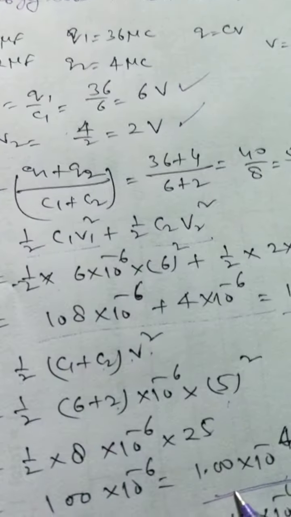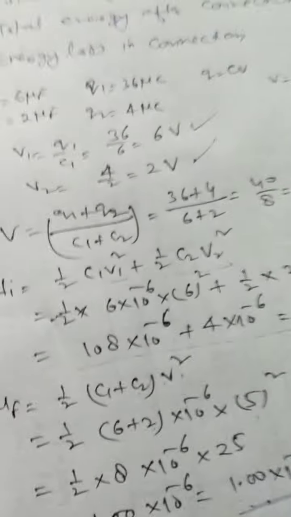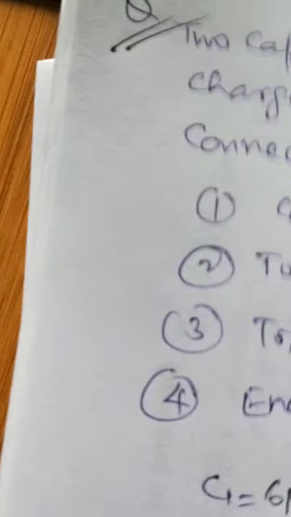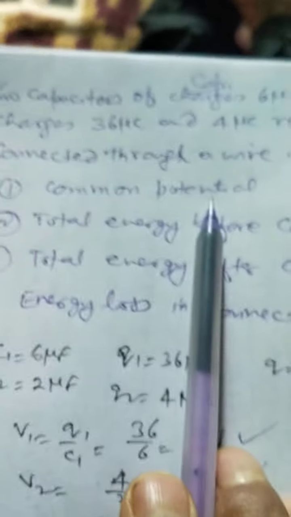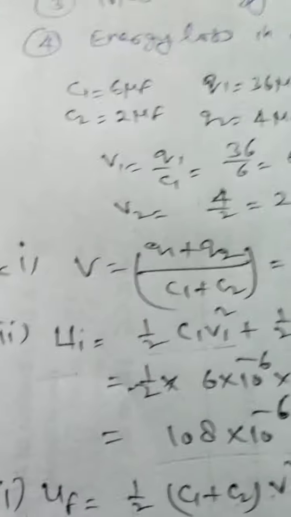The same as calculated from the long method and from here the shortcut method. In this way, we can find the expression for the common potential, total energy before connection, total energy after connection, and energy loss in connections. Thank you.